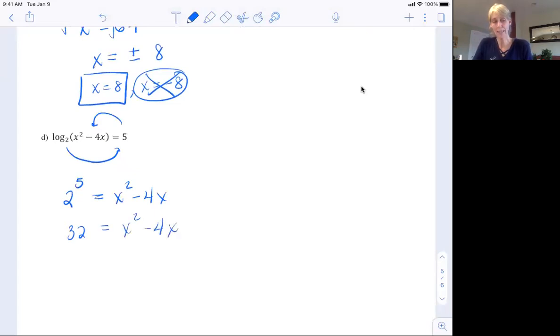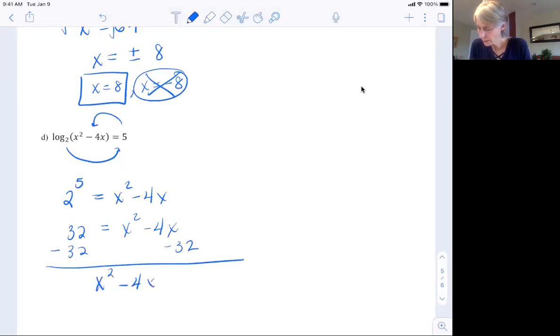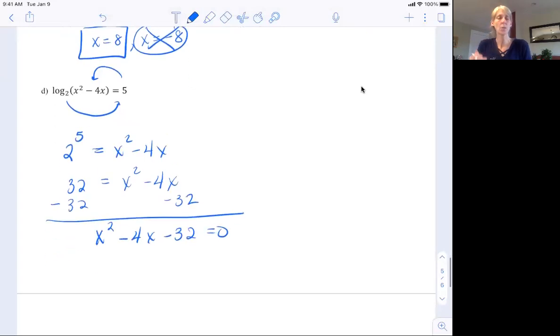So I'm going to subtract that 32 over, and this is going to become x squared minus 4x minus 32 equals 0. In order to solve this, we're going to factor: x minus 8, x plus 4.